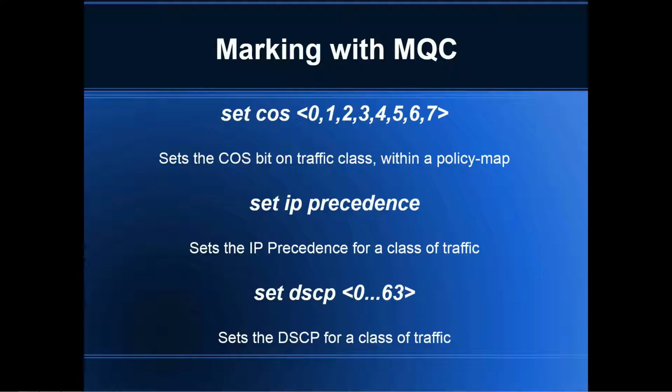So our marking for our MQC, which again is just marking for our quality of service, allows you to set an IP precedence, thus allowing you to set a priority-based policy map between 0 and 63, so 64 different variations.